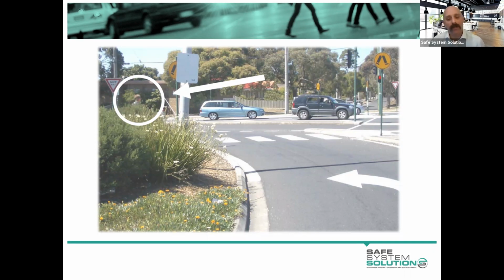But the issue, I suppose, starts to be generated because as you approach here as a driver, where are you looking? Well, you're looking to your right, aren't you? Because you want to see if you can put the foot down and beat the traffic. Now, the pedestrian is coming across and they have priority.